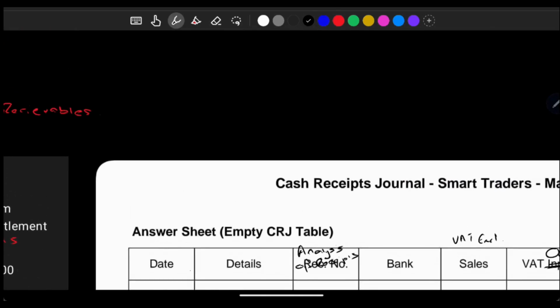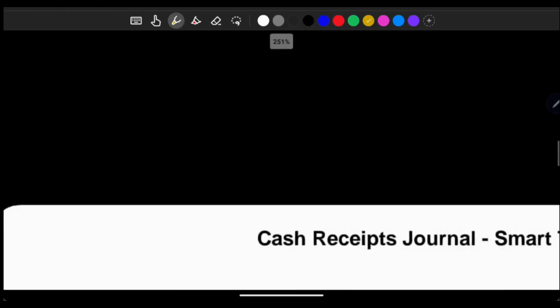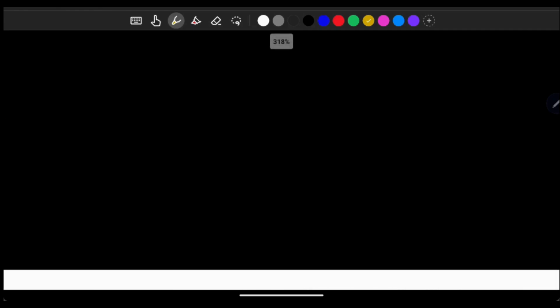So remember, the original transaction looked like this. Usually a sale is bank and sales: they give us money and then we add it to our sales.